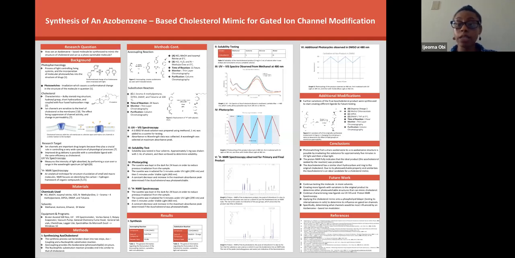So overall, in terms of cost analysis, azobenzenes would be cheaper to use as an ion modulator than other ion modulators currently, because the material itself is used more often. So the fact that it's already out there will give people the opportunity to use it at a cheaper price than what's already being used for ion modulators.